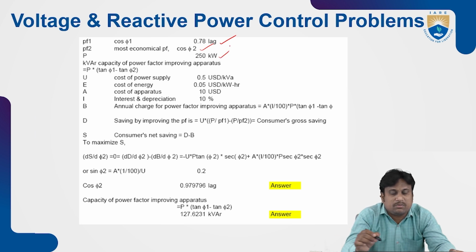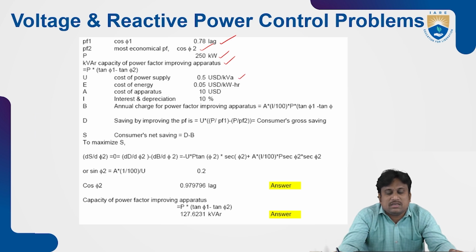The real power is about 250 kilowatts, and the reactive volt-ampere capacity of the power factor improving apparatus will be P into (tan phi 1 minus tan phi 2). The cost of power supply is given as 0.5 US dollars per kVA, and the cost of energy is 0.05 US dollar per kilowatt hour. The cost of the apparatus is 10 US dollars, and interest and depreciation is about 10%.